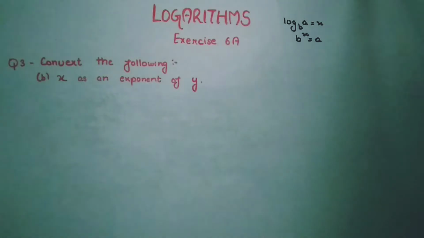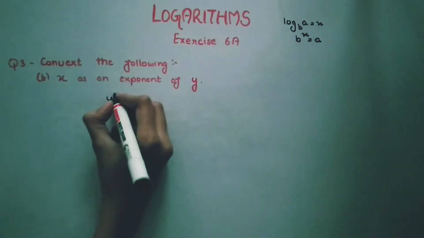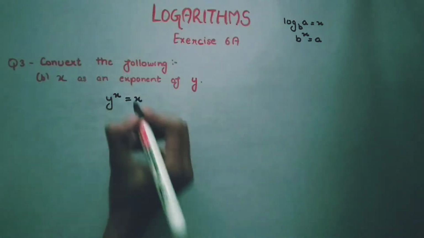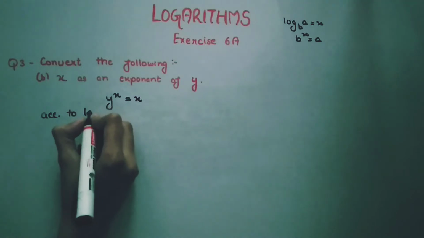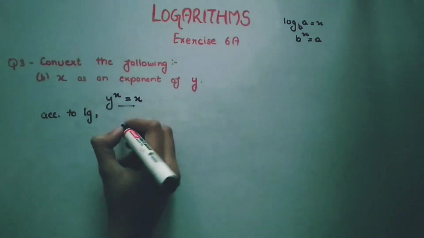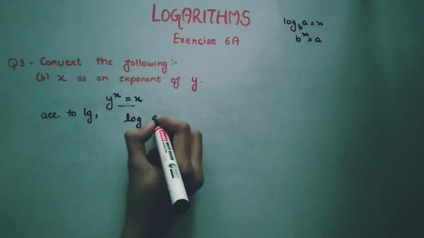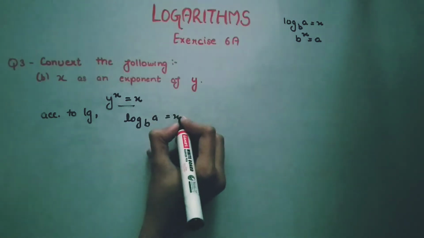The next part is x as an exponent of y, which means y raised to power say x is equal to x. Similarly, according to logarithm, this is the exponential form. The logarithm form will be log of a to base b is equal to x.